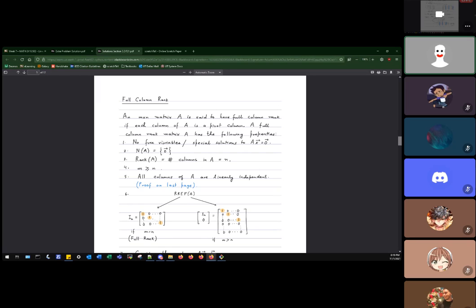And the definition states that a matrix has full column rank if each column is a pivot column. The way you'd find this would be exactly the same as finding out whether or not the columns are linearly independent.